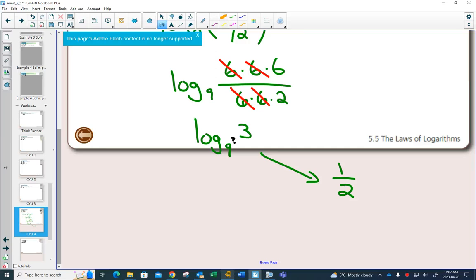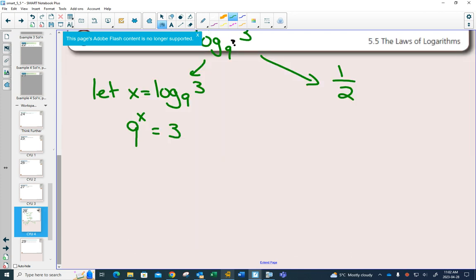So if that's the case, we can use our techniques that we had from before. Remember the technique where we said, if I want to solve this, I say let x equal log 9 of 3. So my base is 9, my exponent is x, is equal to 3. And now I'm solving an exponential equation. How do I solve exponential equations? I use my powers chart. 9 is 3 squared. So 3 to the 2x is equal to 3 to the 1.